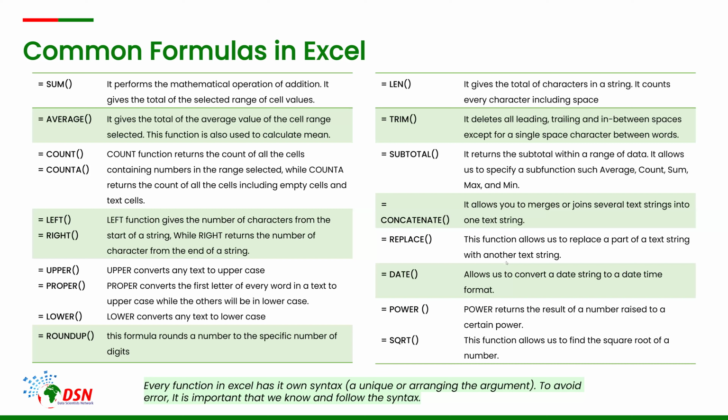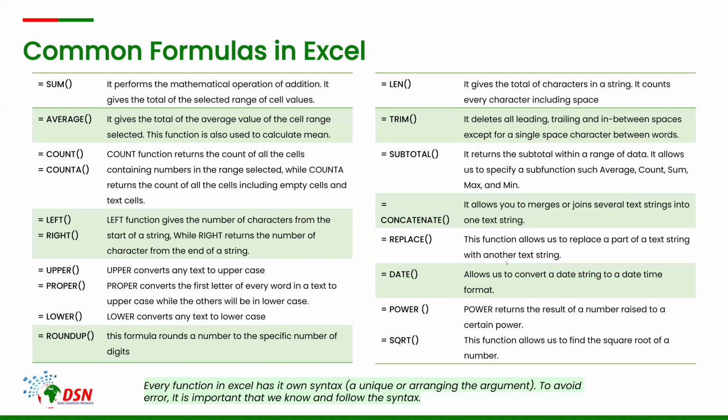So we have subtotal. Subtotal returns the count, like for every value. It allows us to specify a selected range of cells. If I want to use sum now, I have to sum the whole column of my table. But if I want to sum, let's say, from 15 to 20, and my table is from 1 to 40, I can use subtotal.